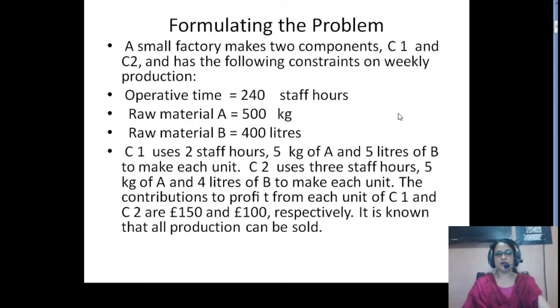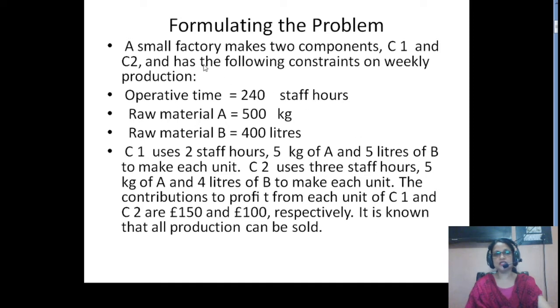First of all, we'll be once again understanding how to formulate the problem, right? Because we have considered only one example, so I'll be explaining once again how to formulate the problem.